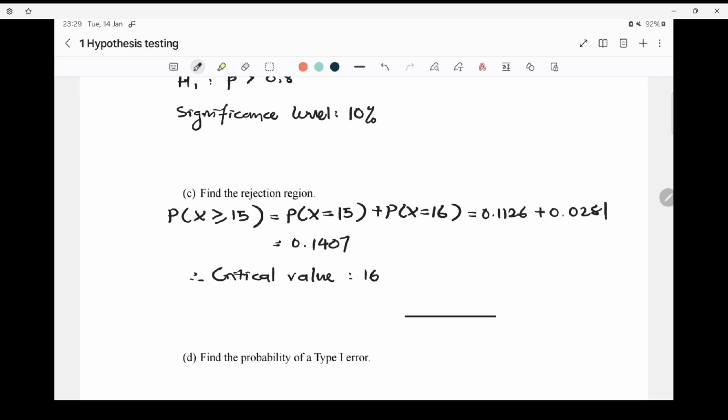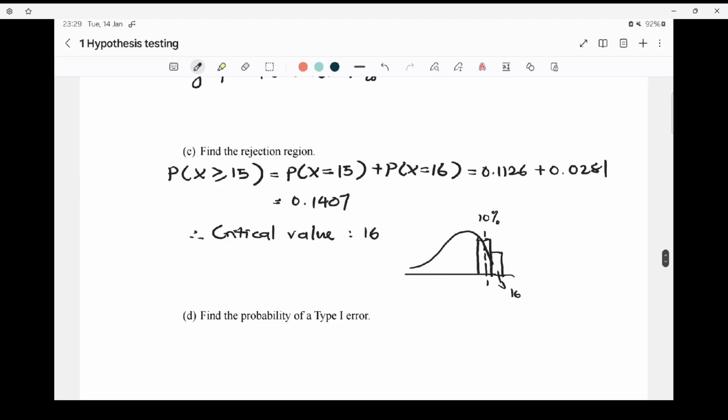So basically, you have something like this. You can draw all the bars. So let's say this is 15, and this is your 10% significance level. Your x equals 15 bar is kind of halfway in between. So that's why the critical value will be at 16, because this is a discrete random variable.